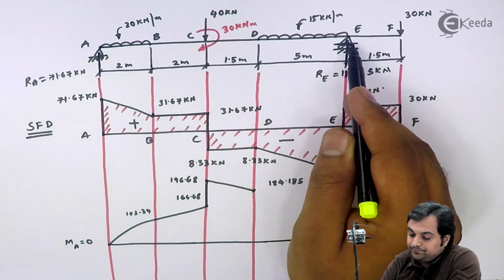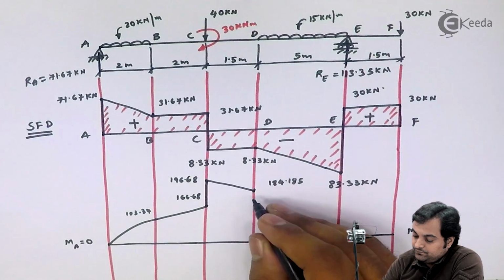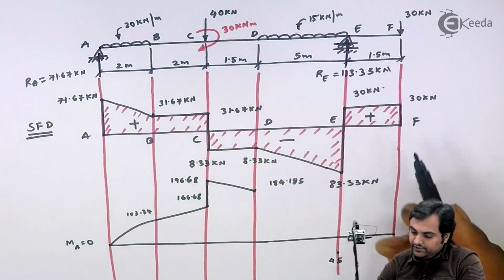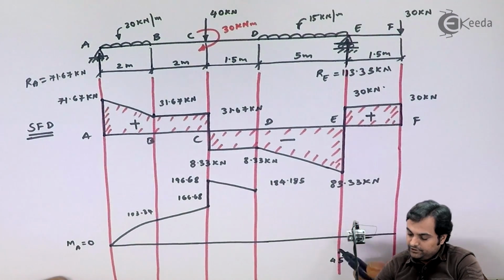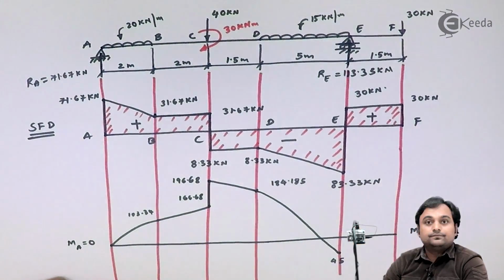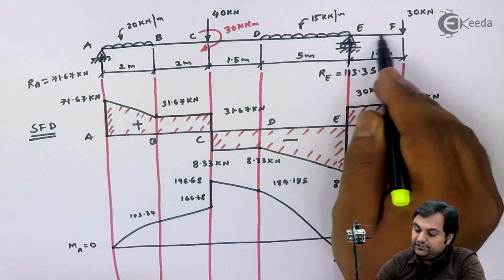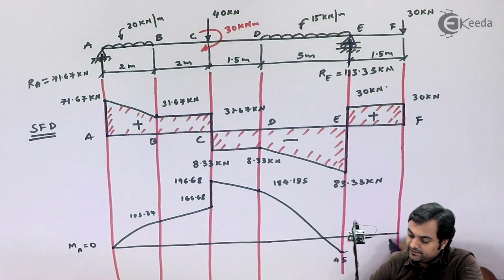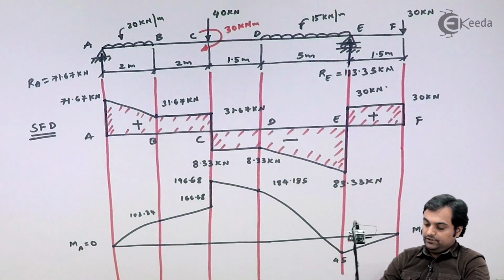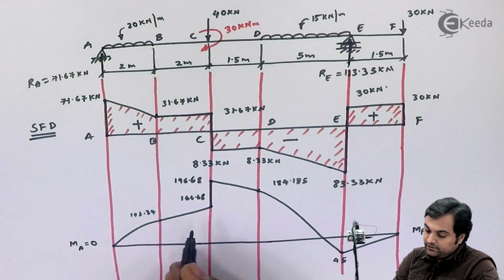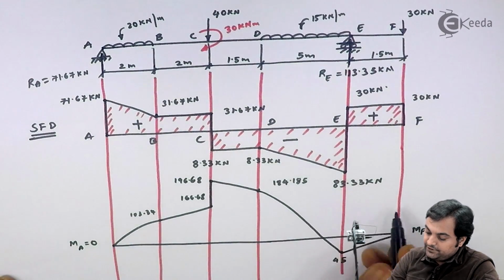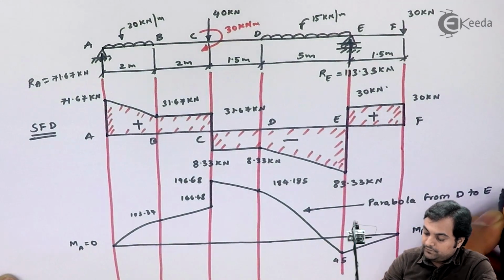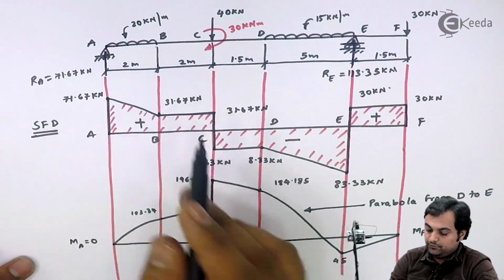Between D to E, the shear force is changing its sign, and since there is UDL, here we should be getting a parabolic curve. Finally, between E to F, there is no load, shear force was a straight line, so bending moment should be an inclined line. Here I have to mark that between A to B and between D to E, it is a parabola.